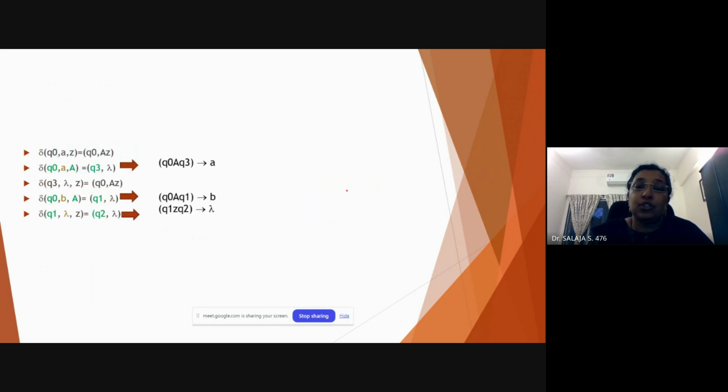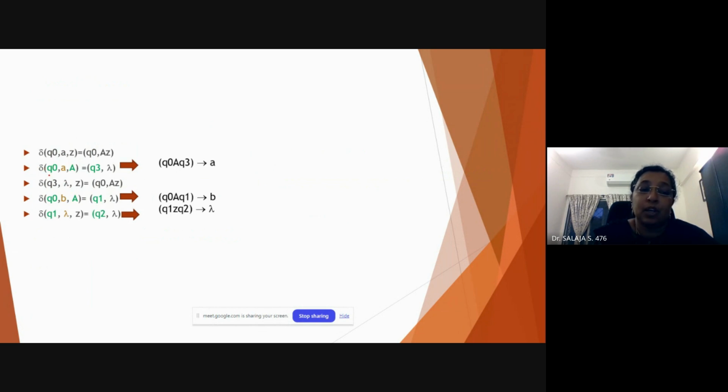Now we are supposed to convert into productions. While we convert it into productions, we have two types of transition: an increase and a decrease. First, we'll look at the decrease transitions, where we are supposed to define a variable and then the production.